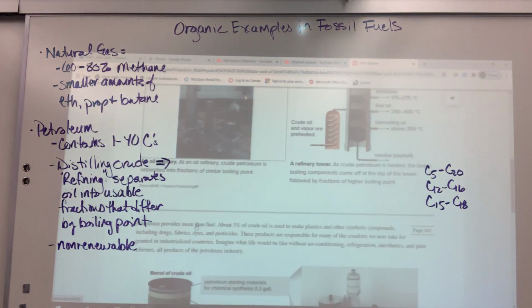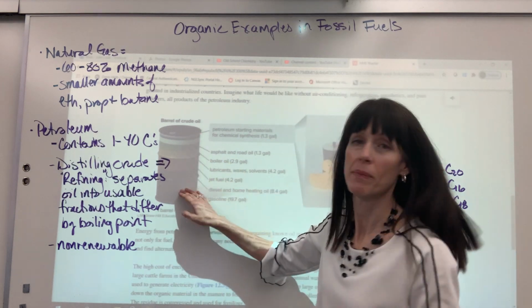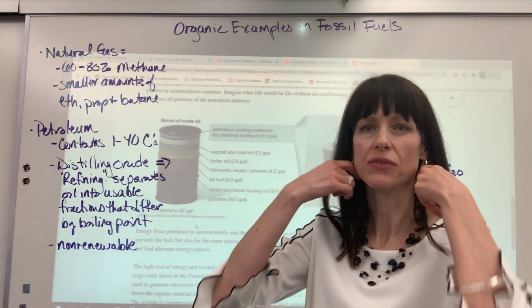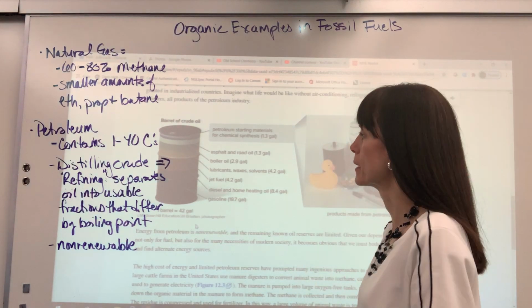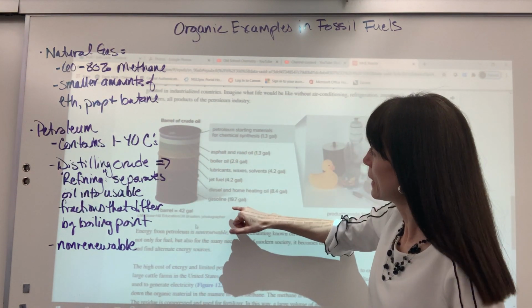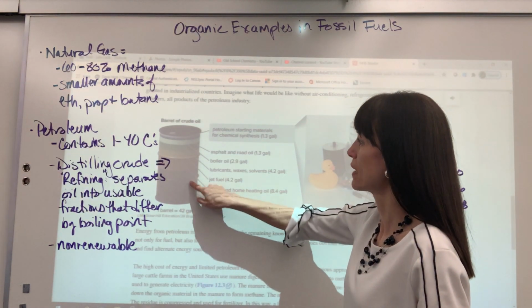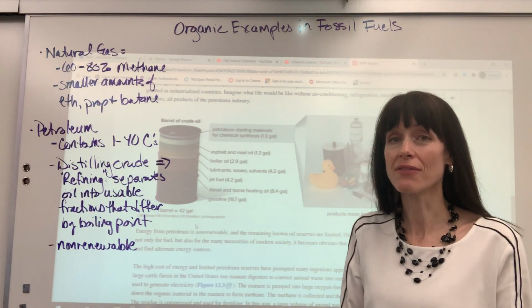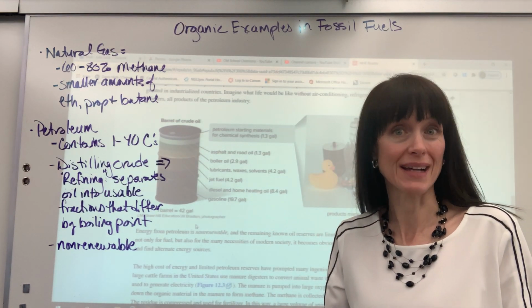Another example that I thought you would find fascinating is when we talk about 1 barrel of oil, and you'll see in the news how much 1 barrel of oil is being sold for currently in the market. 1 barrel of oil contains 42 gallons. Well, 19.7 of those gallons are going to go to gasoline. So almost half of the crude oil inside of 1 barrel is going to be used for gasoline.